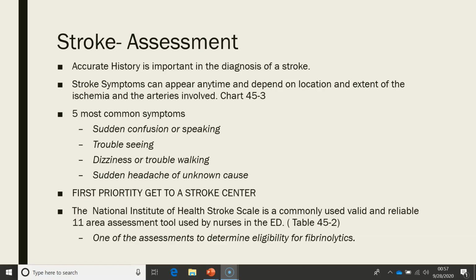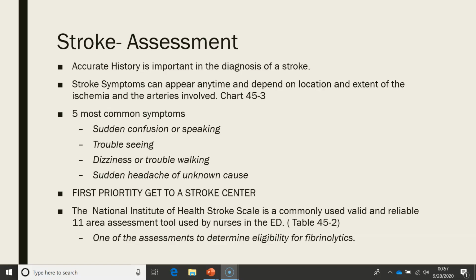Now, once the patient is out of the acute care setting, or at least out of the emergency department and out of critical care, they usually will just use a Glasgow Coma Scale to continue to monitor for neurological assessment.